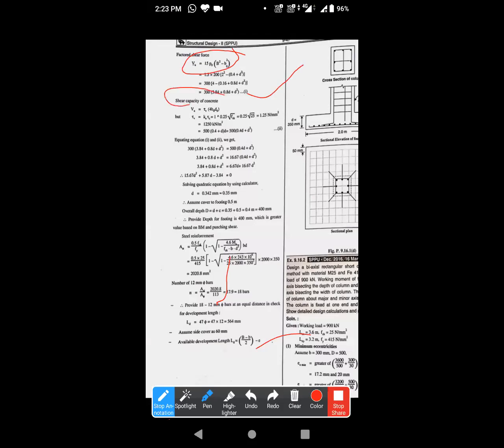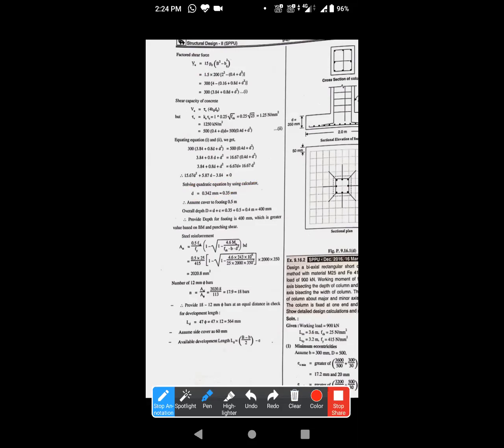And the shear capacity gives your second equation. You have to equate these equations and find the value of the effective depth. The effective depth is coming to 0.342. Approximately you are going to take it as 0.35.